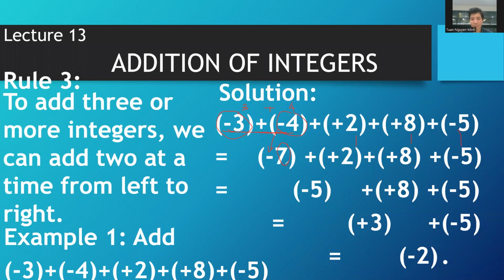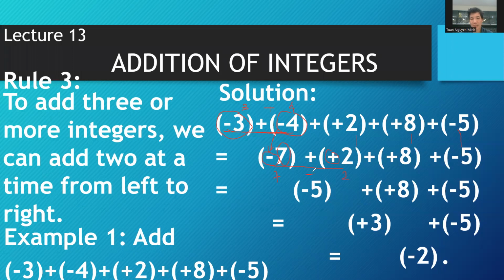And next step, we add -7 and +2. So let's see, they are different signs. They are unlike signs. The absolute value of -7 is 7, and the absolute value of 2 is 2.